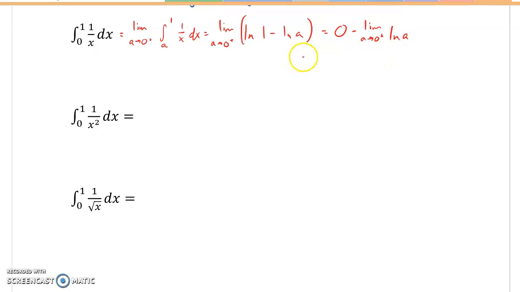If we recall, the natural log function grows without bound as we go to the right, slowly, but without bound. Well, if we go to the left, then it shrinks without bound very quickly. It shoots down to negative infinity here. So as the argument of the natural log function approaches 0 from the right, the output becomes negative infinity. So we say 0 minus negative infinity, and 0 minus negative is positive infinity. So this integral diverges.